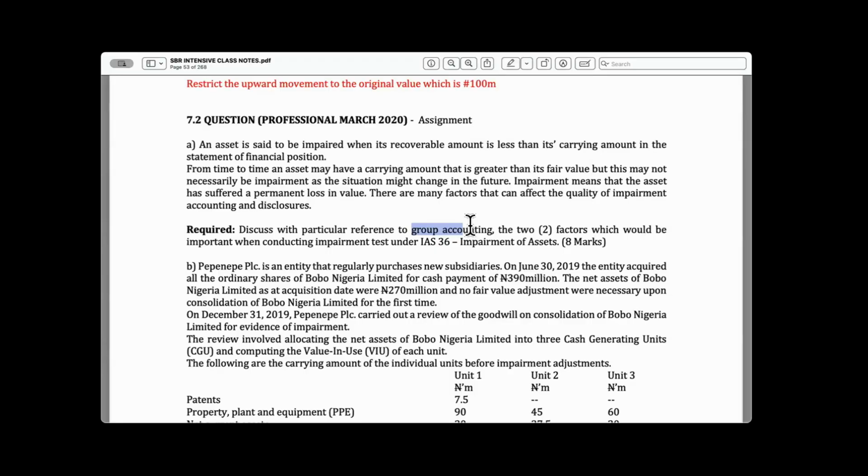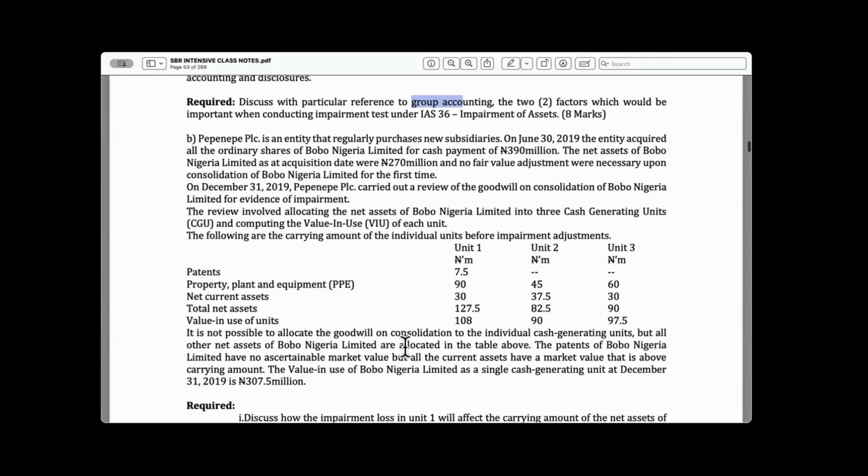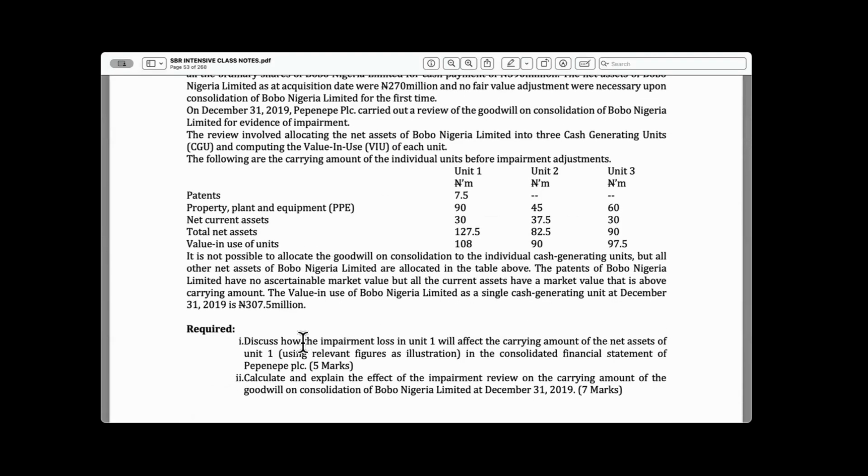You explain net realizable value, which is the fair value of the asset of the parent and the subsidiary minus cost to sell. You do that also for value in use, which is the present value of future cash flows that can be generated from the continuous use of an asset. So just explain that.